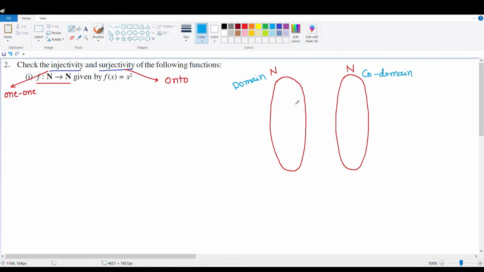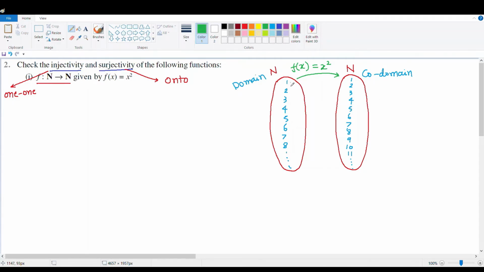Since it is natural number, it's going to be 1, 2, 3, 4, 5, 6, 7, 8 keeps on going. Again same way 1, 2, 3, 4, 5, 6, 7, 8, 9, 10, 11 keeps on going. And the function you are given is what? f of x, and the definition of that function is x square. So you need to do the square of it to find the image in codomain, right?